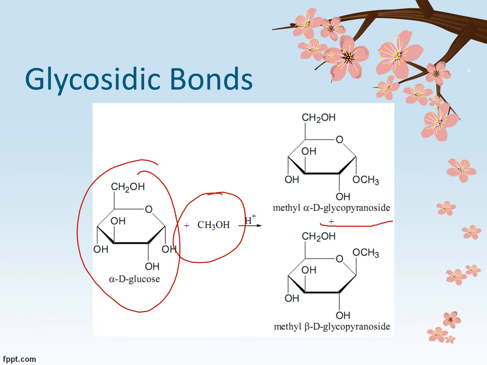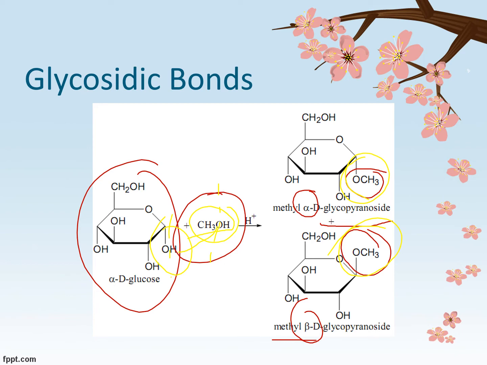In this case, it forms methyl alpha-glycopyranoside, with the bond pointing down, and also methyl beta-glycopyranoside, with the bond pointing up. So these are the glycosidic bonds, formed when the alcohol reacts with the OH from the monosaccharide.